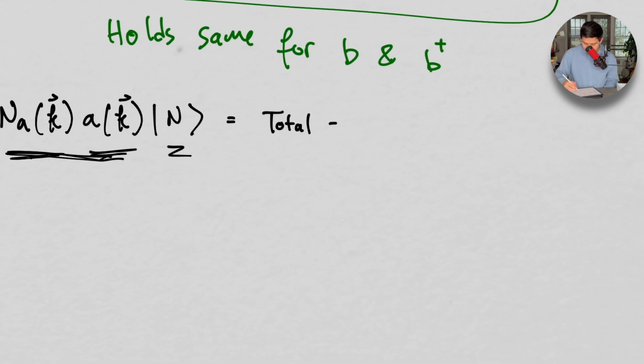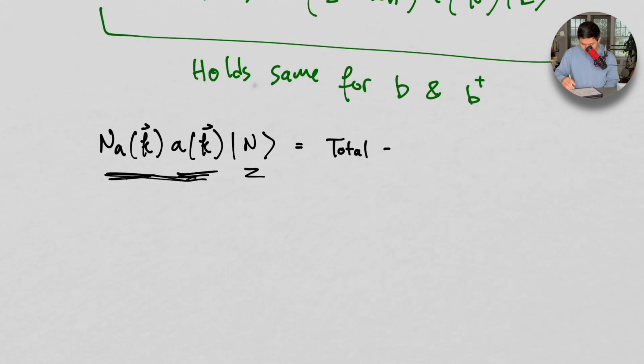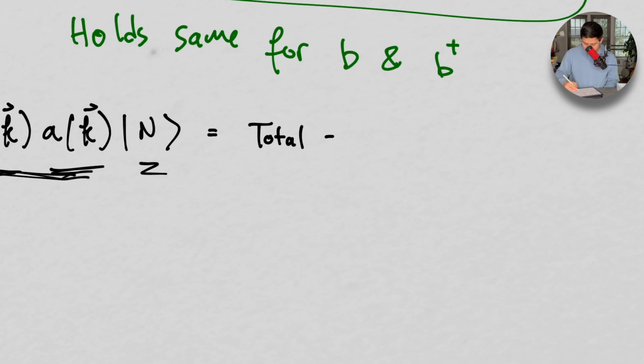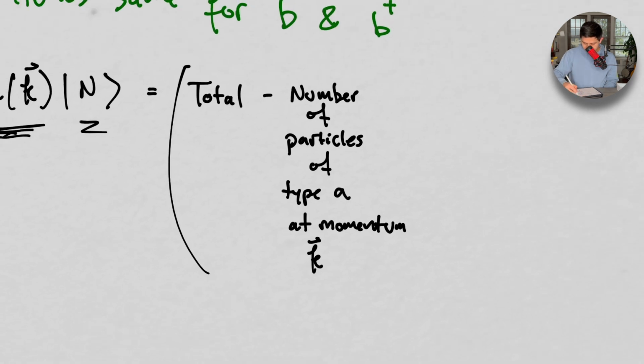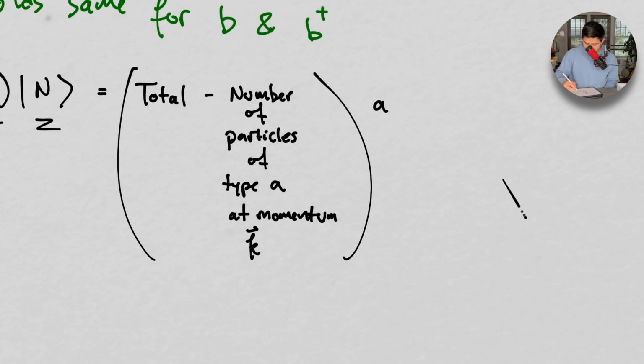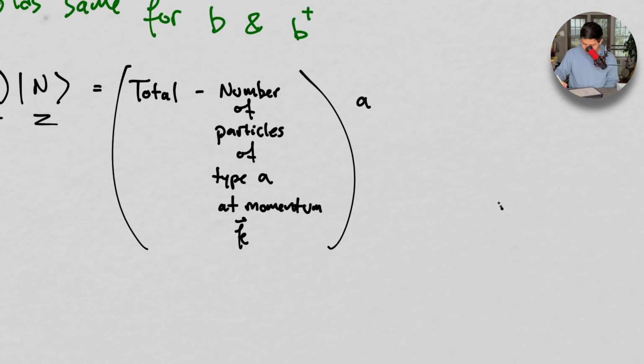minus the number of particles of type A at momentum K. All right, so that's going to be the eigenvalue for this thing times A of K, and then total number, that's state.